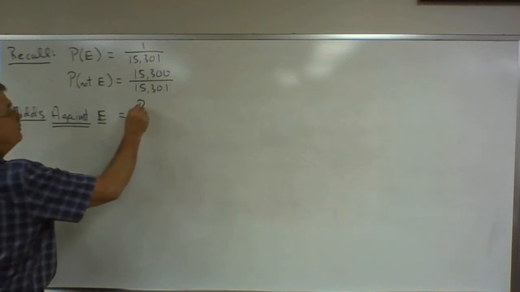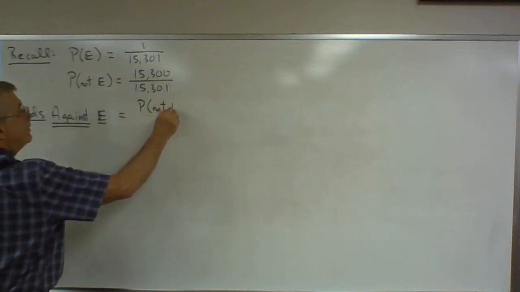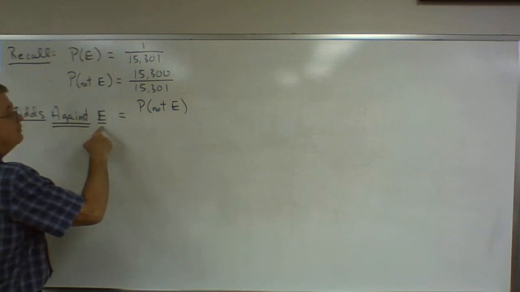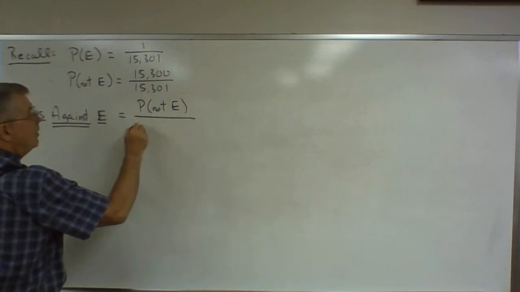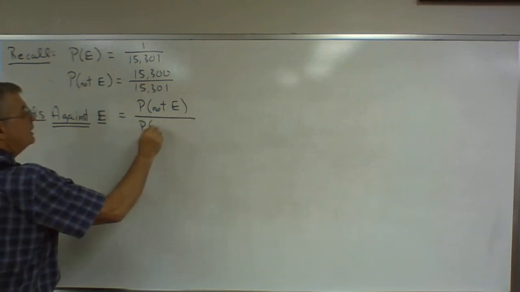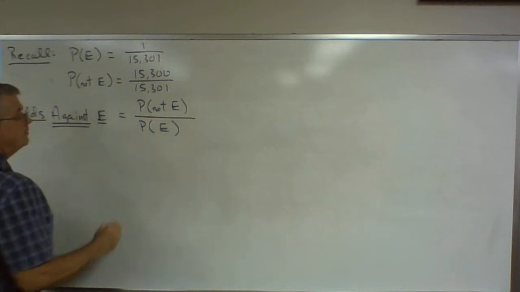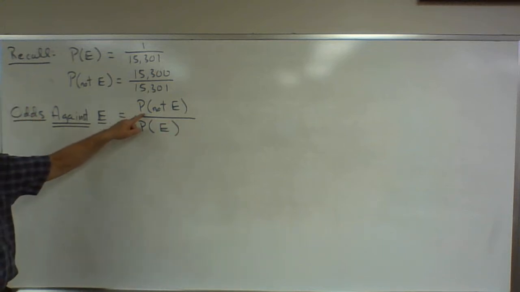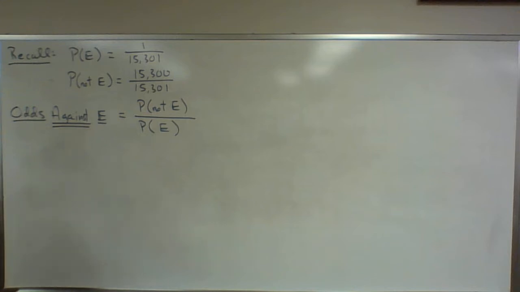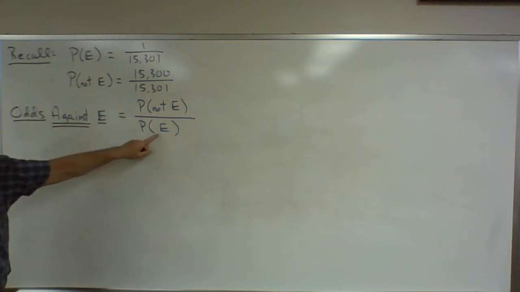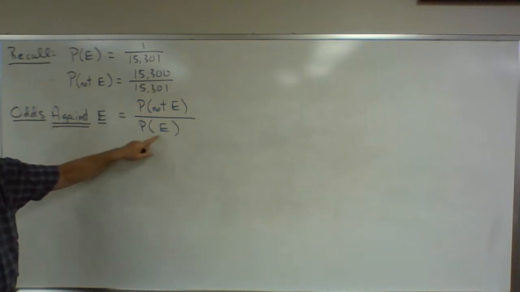And we know that this is the probability that E does not occur over the probability that E does occur. The probability of not getting struck by lightning over the probability of getting struck by lightning.